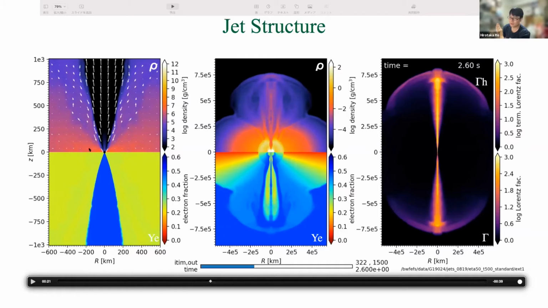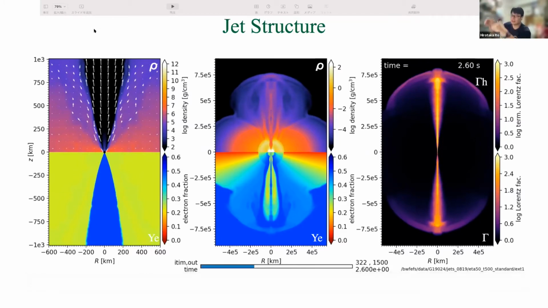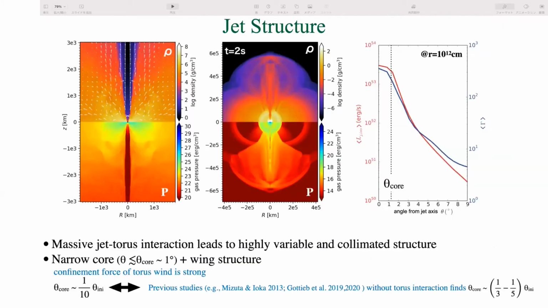So although we inject a 10 degree opening angle here, eventually when it escapes from the wind-torus interaction region, it will become quite narrow. It will expand, but still it's narrower than the initial opening angle. So this is computing the initial condition for the opening angle by the jet-torus interactions. So I see. Yeah. Okay.